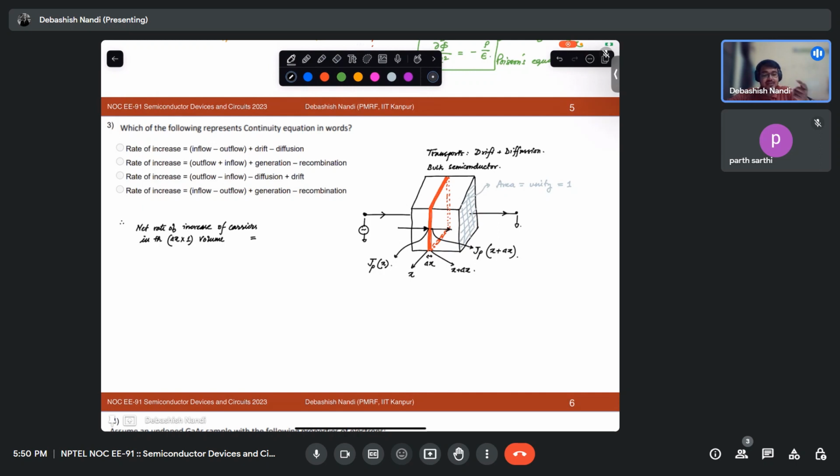what? The amount of current entering may not be equal to the amount of current exiting. If the exiting current is smaller, then some carriers are accumulating.